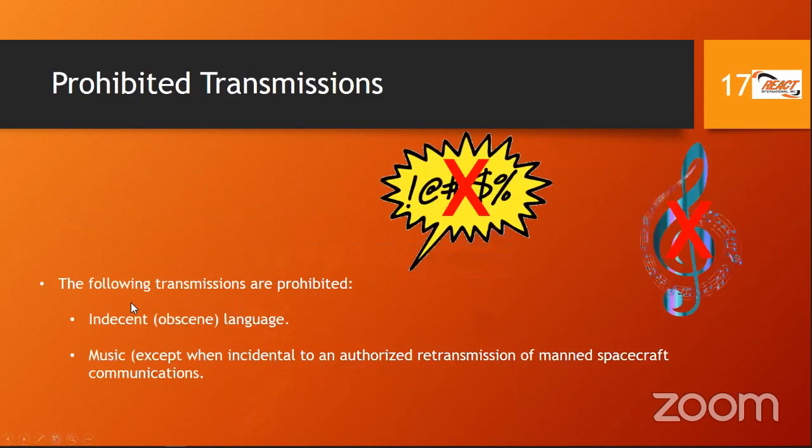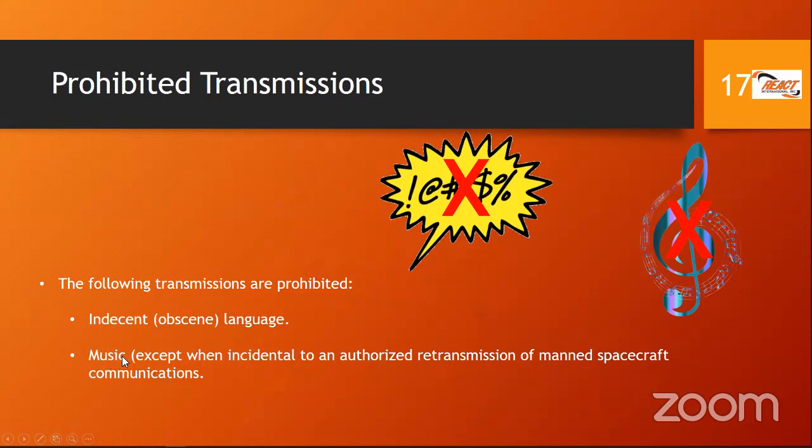All right, so we have some don'ts, some prohibited transmissions. The following transmissions are specifically prohibited. Indecent, or what we call obscene language. You cannot transmit that at all. That's a no-no. You cannot transmit music.